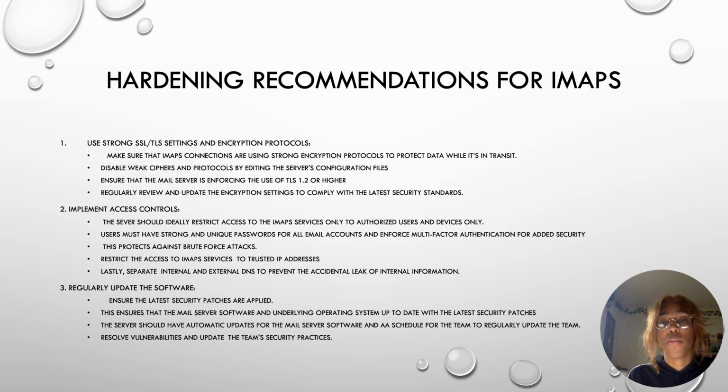Here are some hardening recommendations for IMAPS. You can use strong SSL and TLS settings and encryption protocols by making sure that IMAPS connections are using strong encryption protocols to protect data while it is in transit. You would also disable weak ciphers and protocols by editing the server's configuration files, and ensure that the mail server is enforcing the use of TLS 1.2 or higher and nothing lower than that.